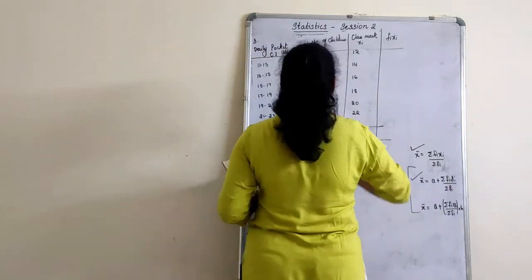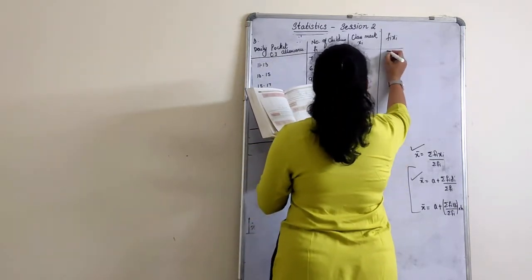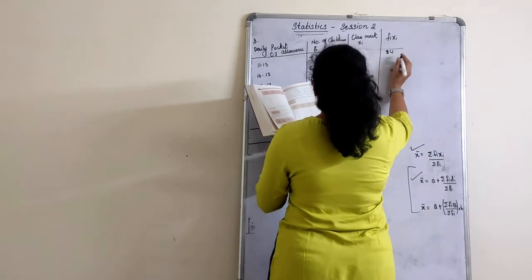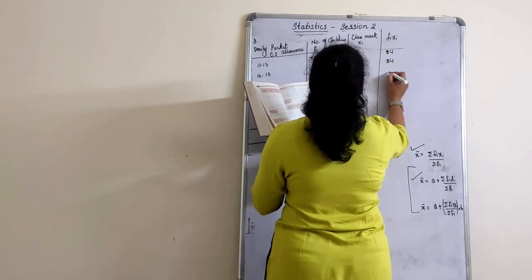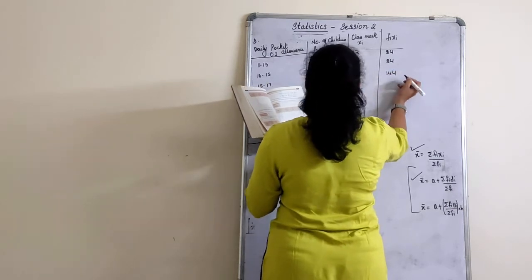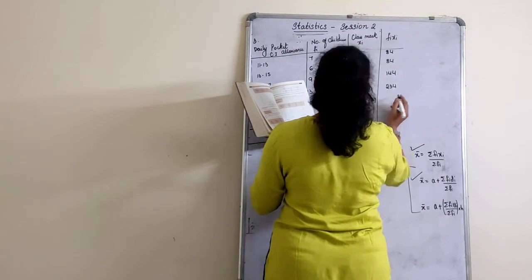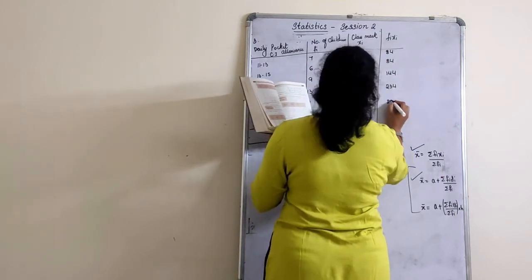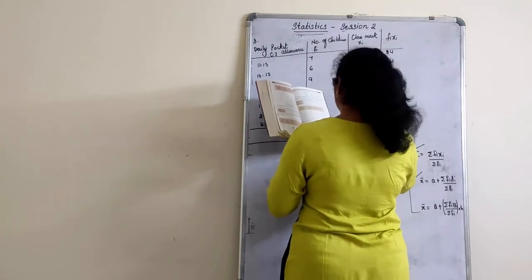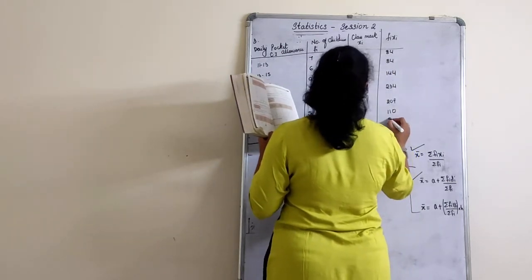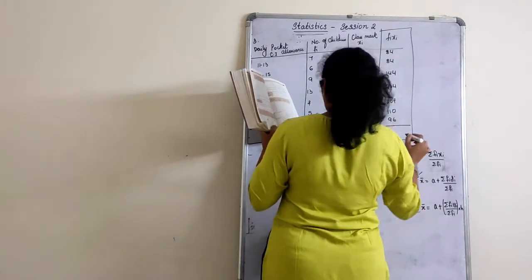Then sigma Fi xi. 12 sevens are 84. 14 sixes are also 84. 16 nines are 144. 18 13s are 234. 20 into F is 20F. 22 into 5, 110. 24 fours are 96. Okay? Add this.